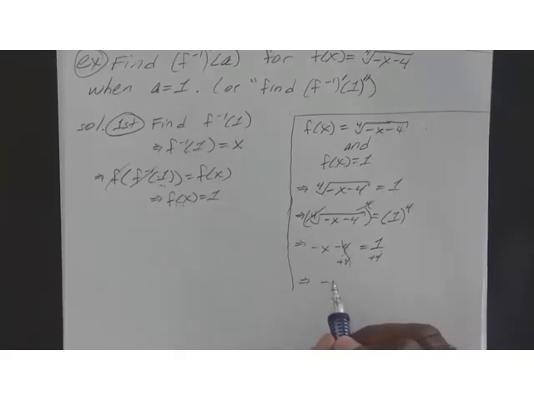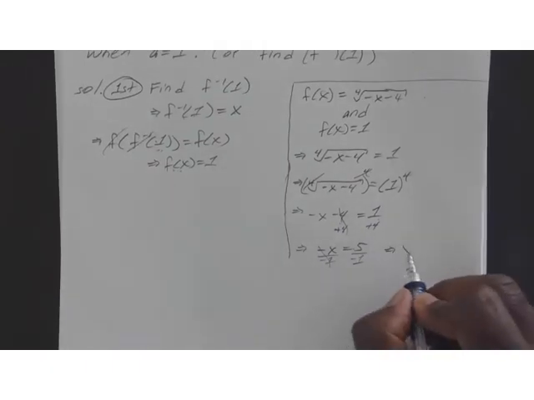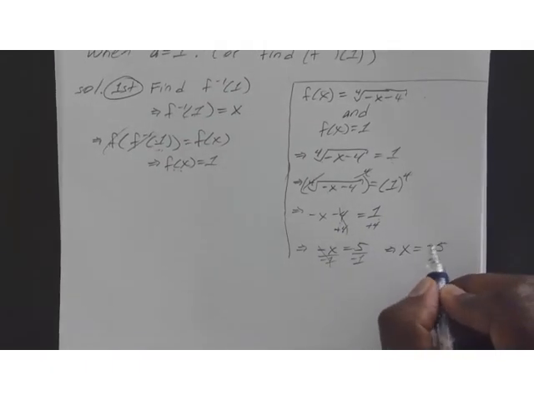And we are left with negative x is equal to 5. Well, we don't want negative x, we want the value of x. So we just either multiply or divide both sides by -1. Doesn't matter because they both give you the same answer. Negative ones cancel each other out. So we know that x is equal to -5.